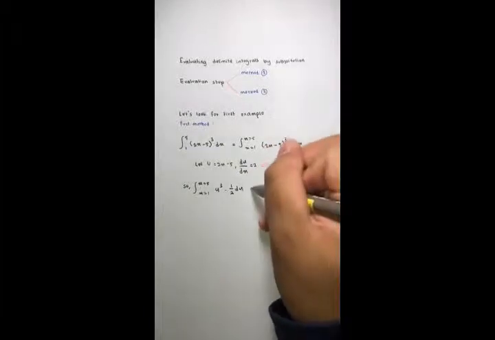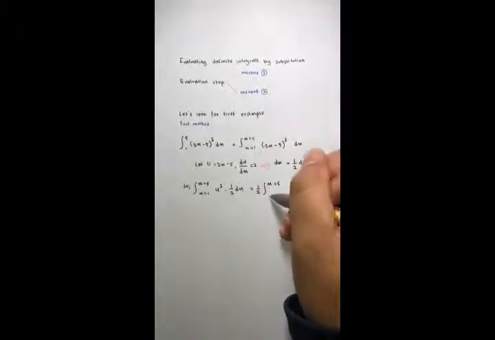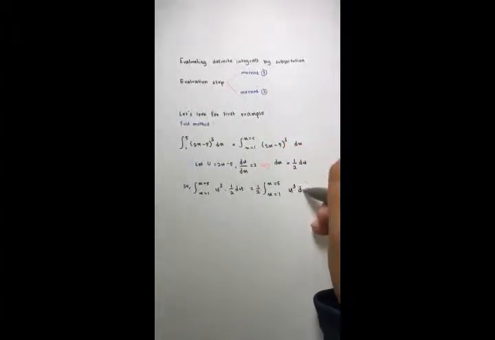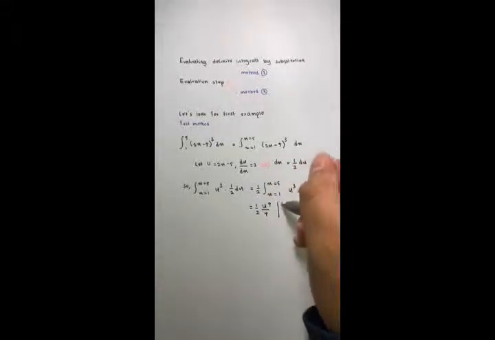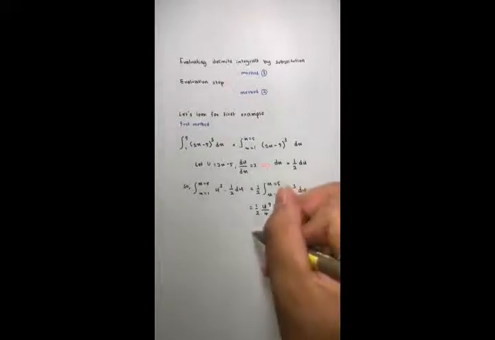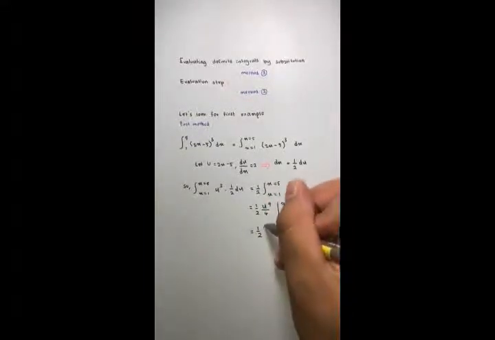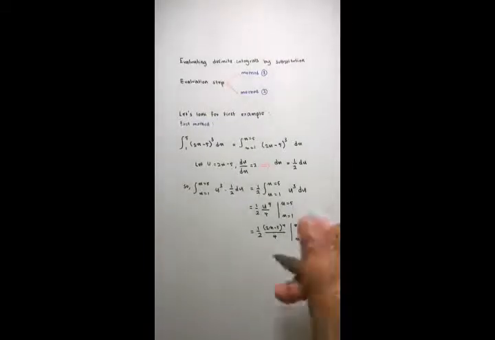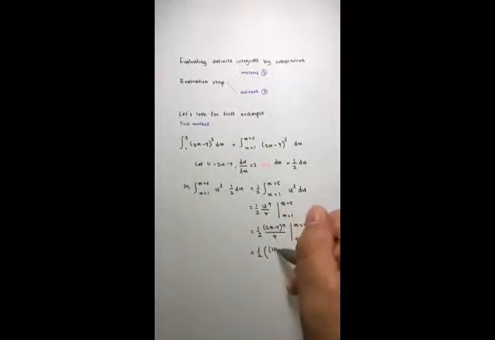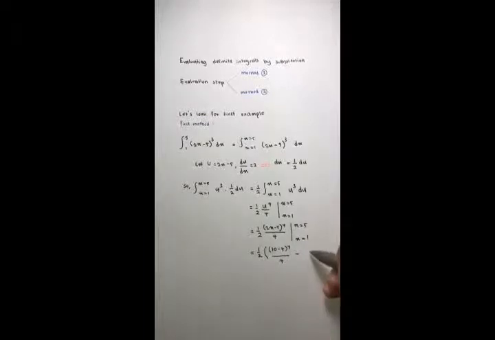It will be u cubed times 1 over 2 du. And then we integrate. Then we substitute x back in for u, and then we will get the answer, which is 68.